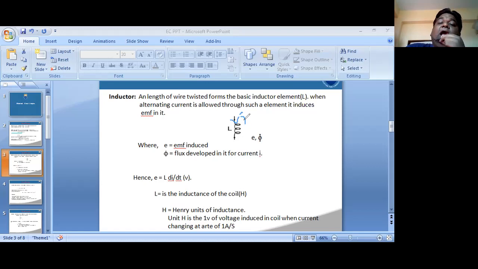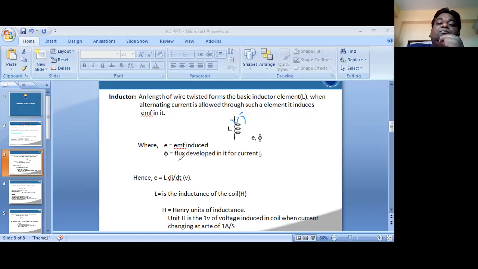Suppose current I is constant, then what happens? That we shall see during the properties of the inductor. From this discussion, the inductor is an element which accepts magnetic storage, because the flux developed when the current I flows through the inductor element is the magnetic flux phi.